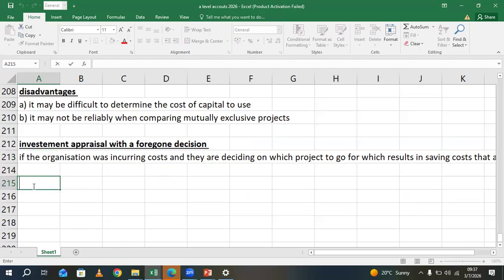So let's have an example to demonstrate that. KD Limited has been hiring a bus to use for its employees.